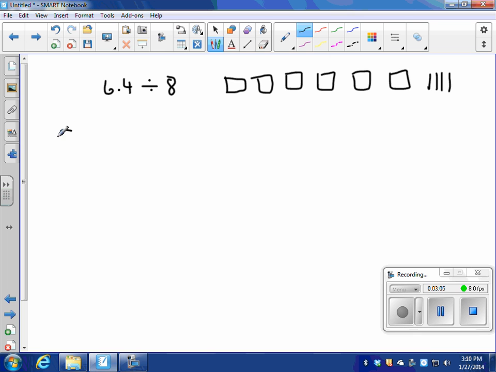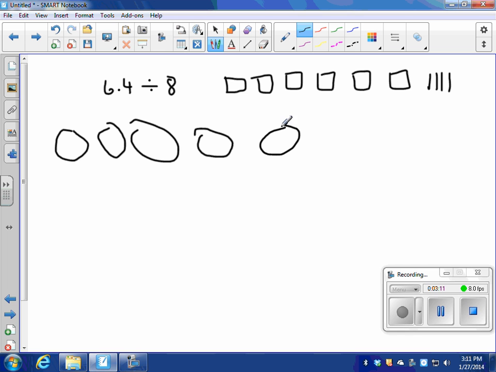And I want to divide those into 8 groups. So 1, 2, 3, 4, 5, 6, 7, 8. Whew, messy, sorry. Now I can see here that I don't have 8 of anything.